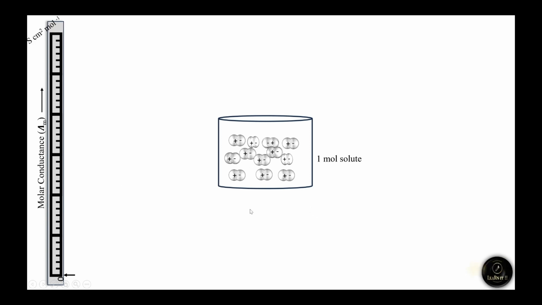So 1 mole of solute, it is not containing ions, it is not a solution at all. That's why the molar conductance is 0. When we put water, but they are still not separated into ions, the molar conductance of this 1 mole of salt dissolved in the solvent is still 0.